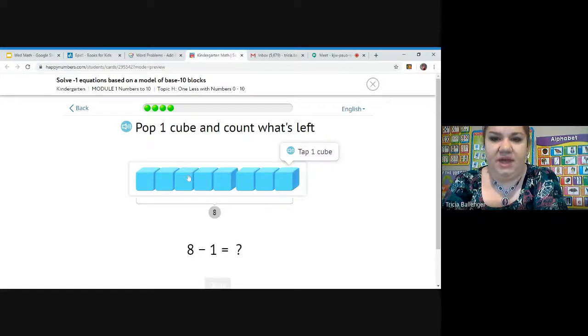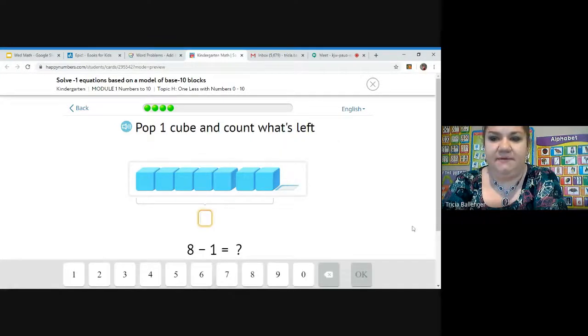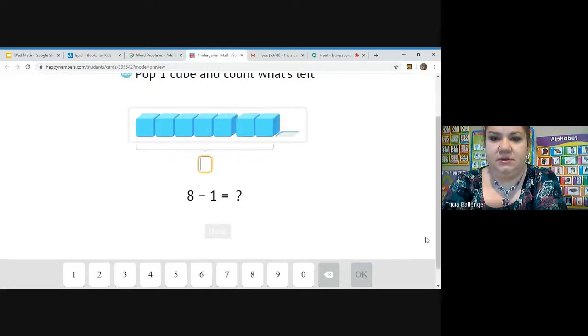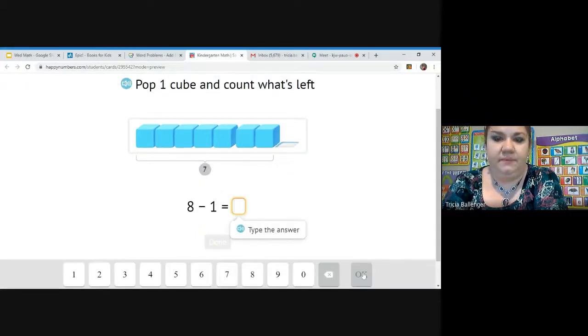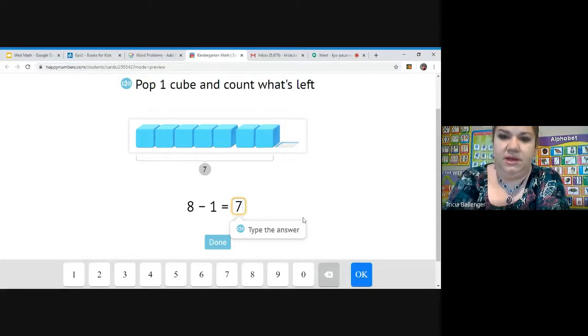So if I have 8 cubes and I take 1 away, how many is left? 7. Okay. Wants me to type the answer.